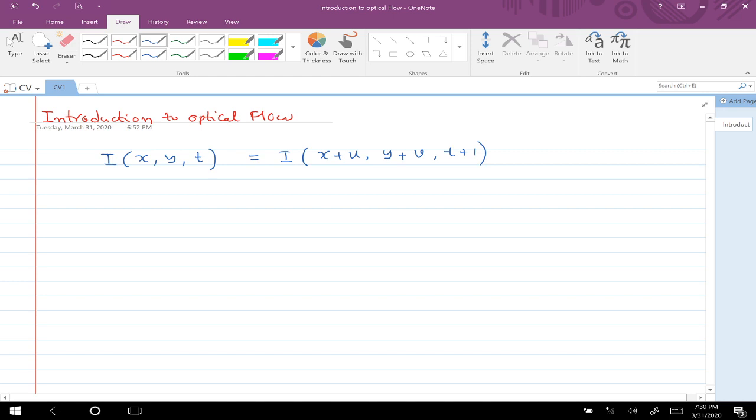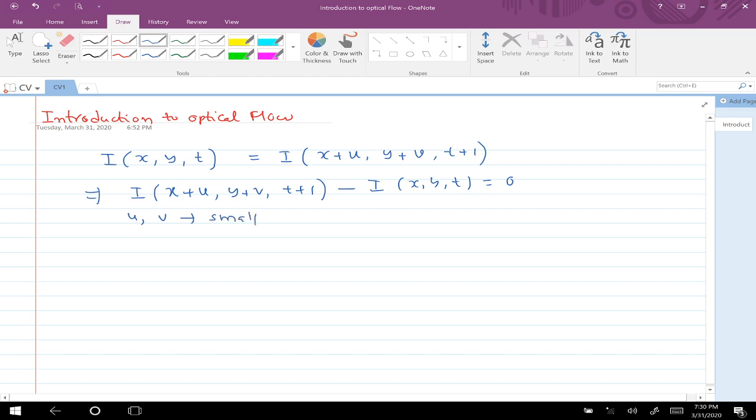In an ideal case, u and v should be such that I of x plus u, y plus v, t plus 1, minus I of x, y, t should be 0. Now assume that u and v are very small.